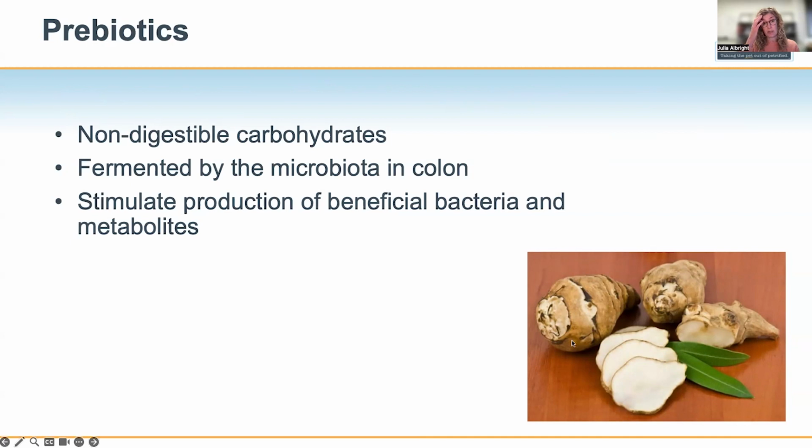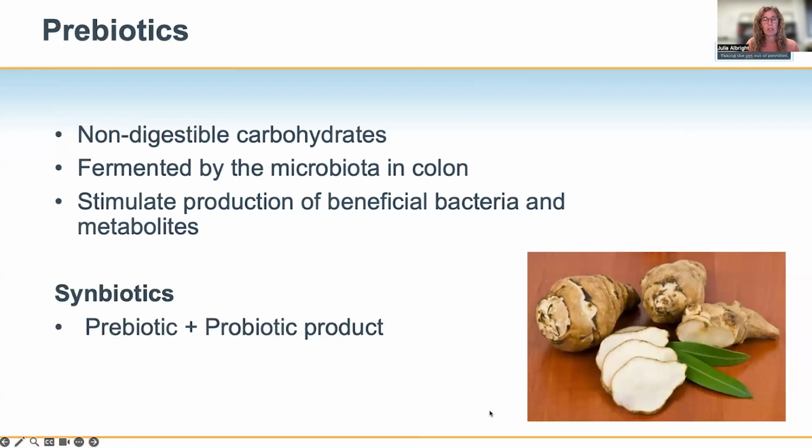This is just a picture of a Jerusalem artichoke, because inulin made from that plant is a very common prebiotic, as is psyllium. Symbiotics, again, are a combination in one capsule, for example, or powder. You've got the prebiotic and the probiotic together.